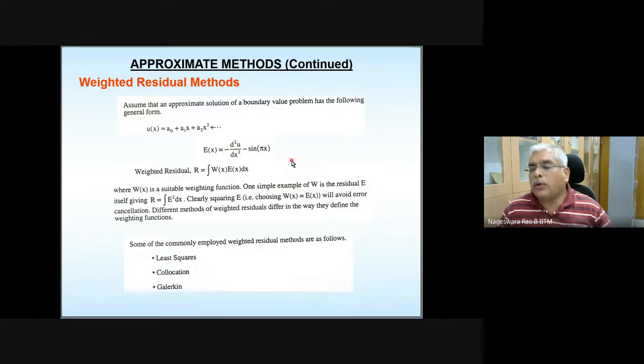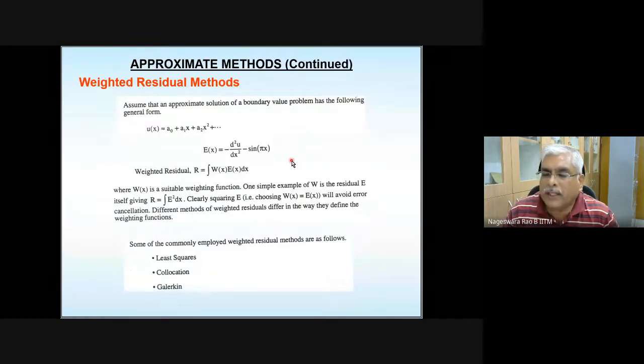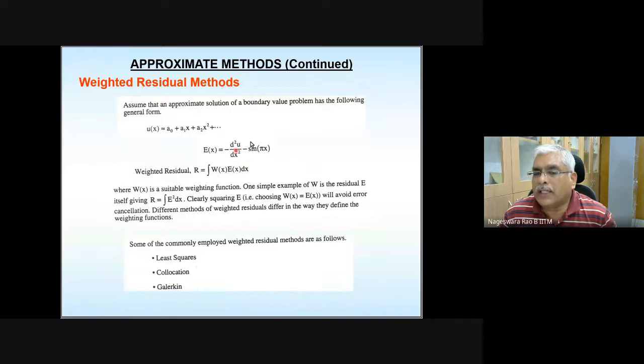That's why I told you to make a note of the problem statement, because going back and forth to the previous slide would be inconvenient. If you had already noted it in your notebook, you can easily see this is nothing but the difference between the left hand side and the right hand side, and that is defined as the error. Error is also going to be a function of x.